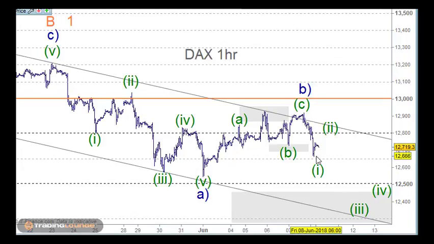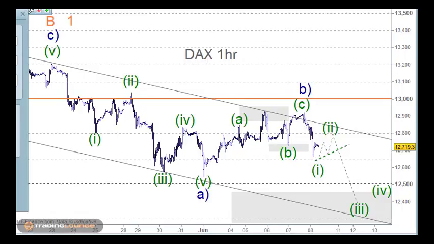If this wave 1 is completed here, we'll double check on that in a minute, but we'll look for an A and a B and a C wave, retesting the 12.8 here, and then moving down from there. So what we need is a way of entering, so perhaps through here is one way of looking at that. We can refine that, of course, but as long as you get the idea.